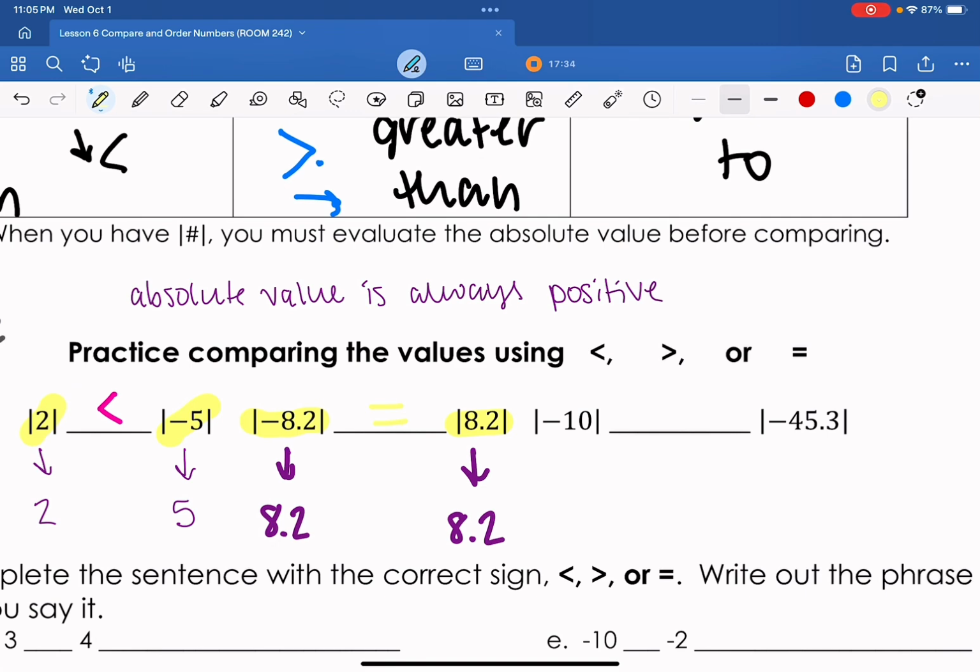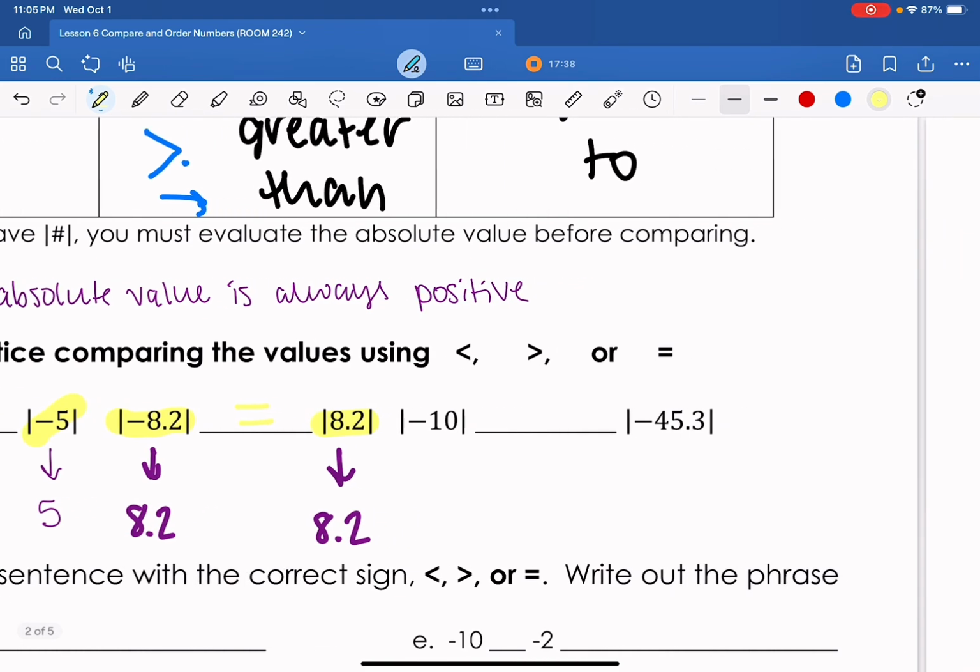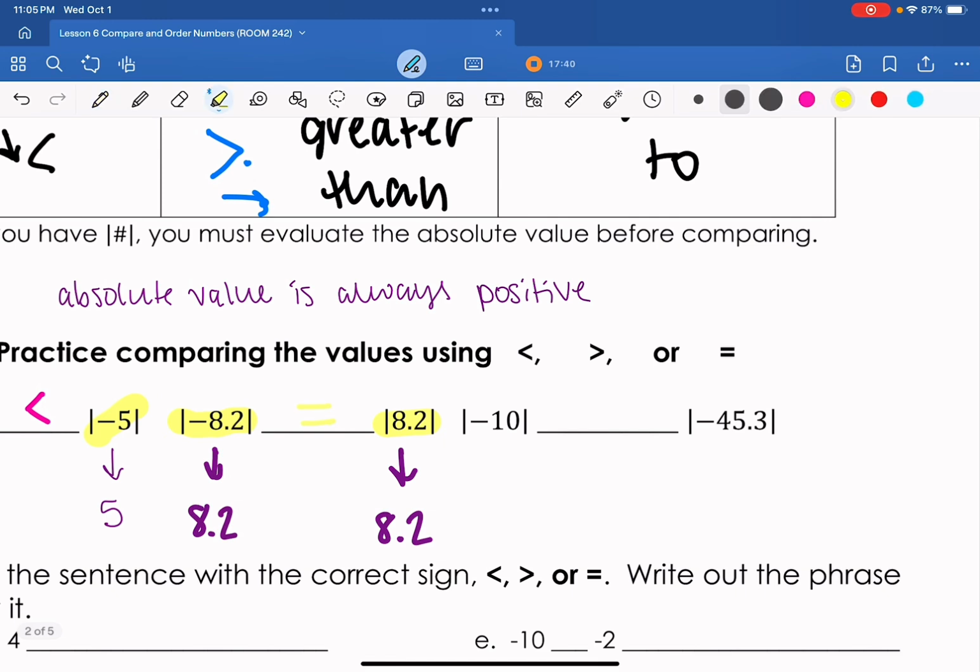Right? Okay. So now I have -10 and -45.3. If I'm looking at values, to get to -10, I have to move 10 units to the left, right? But I'm still moving 10 units.